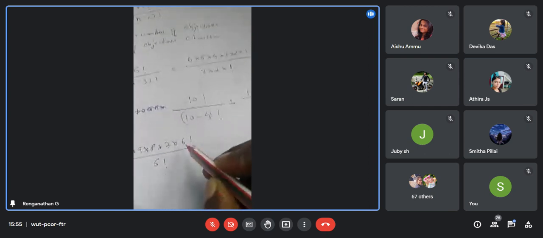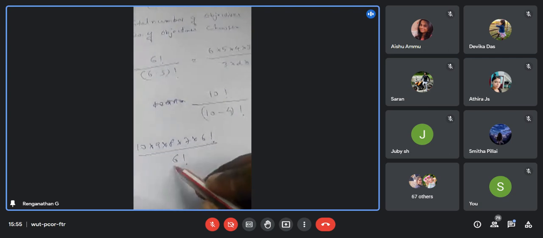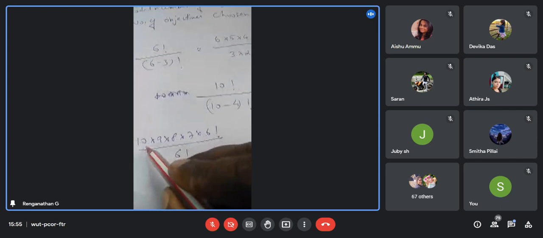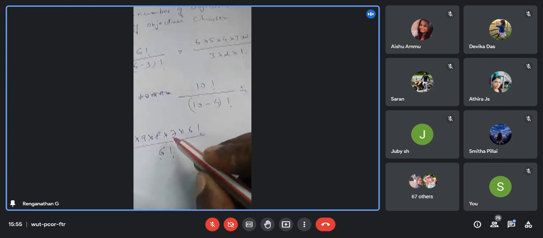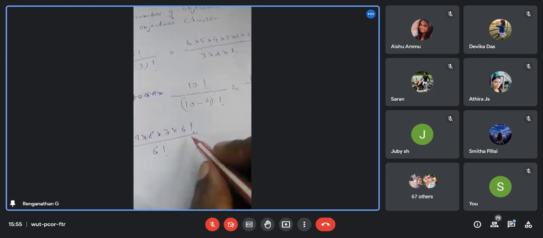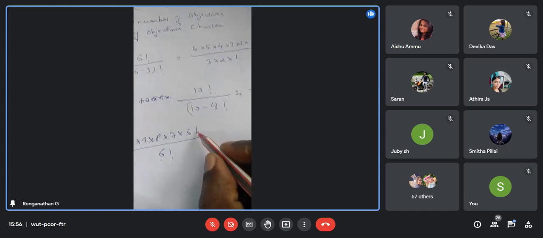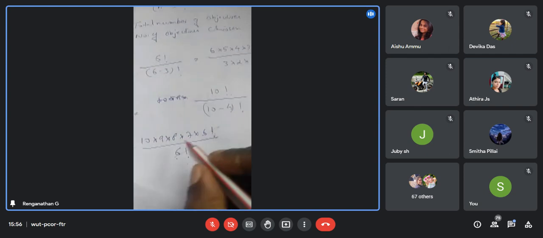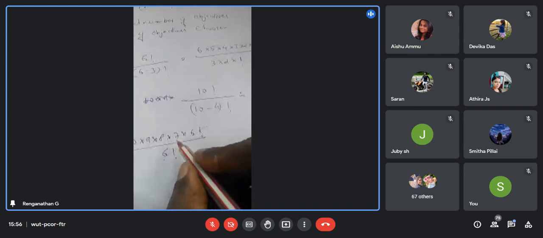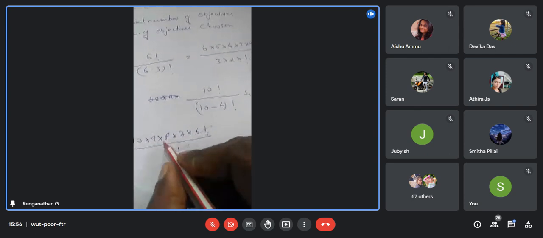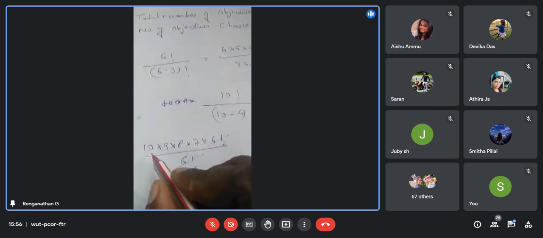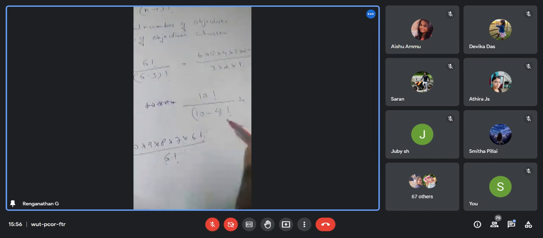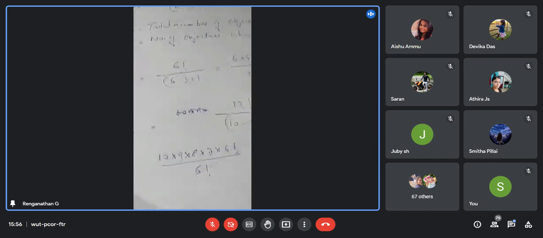But since there is 6 factorial in both numerator and denominator, we are not expanding it. We strike out the 6 factorial in the numerator and denominator. Then there exists only 10 into 9 into 8 into 7. When you multiply 10 into 9 into 8 into 7, you get the answer 5040.